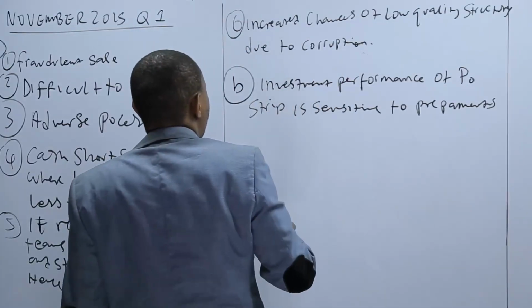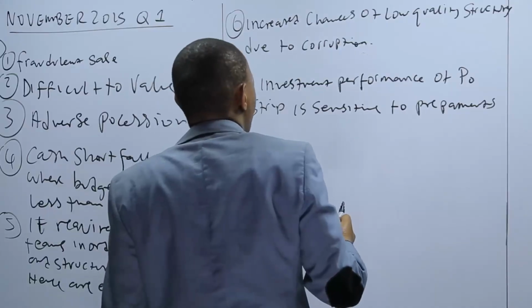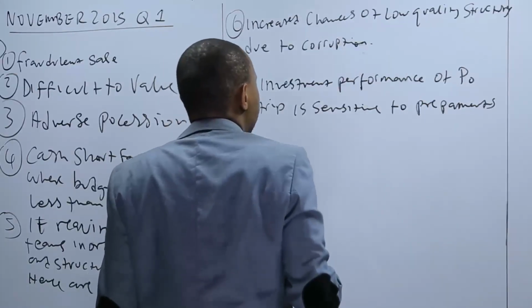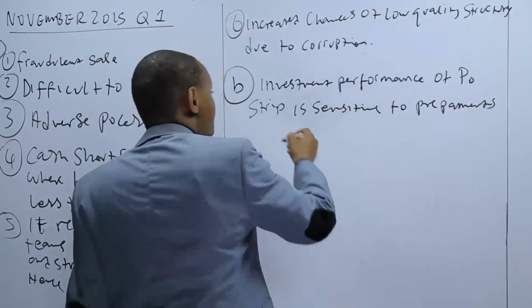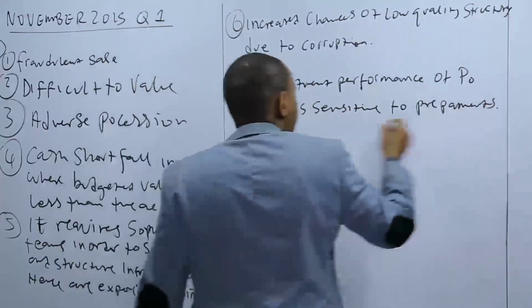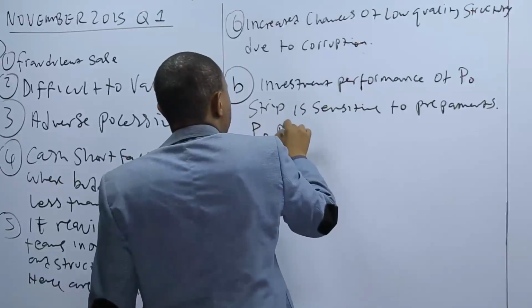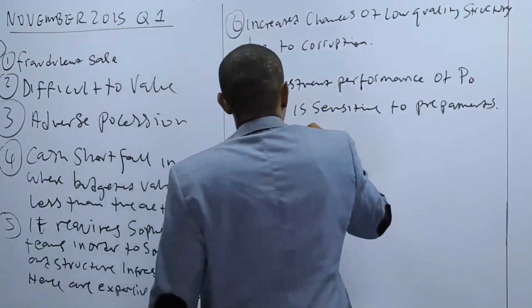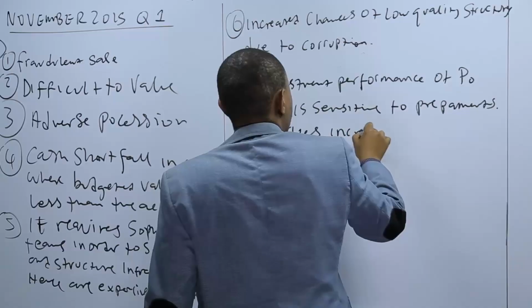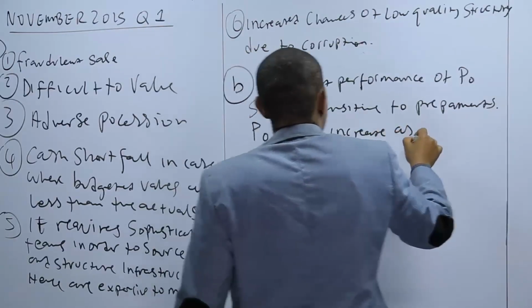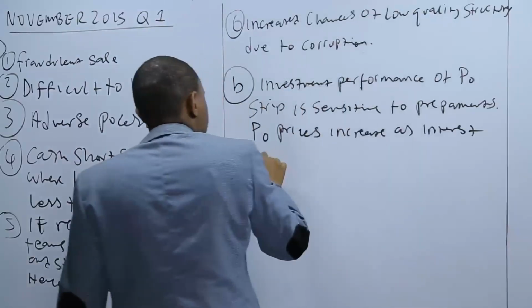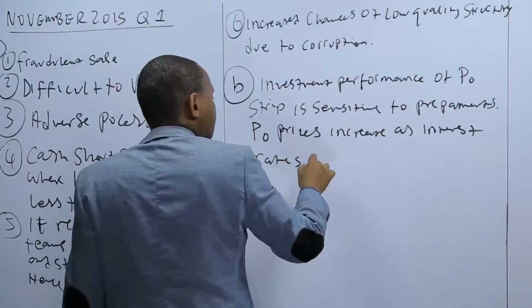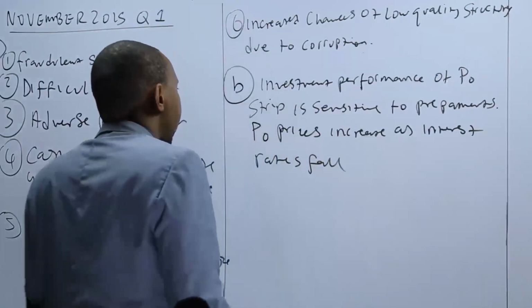The PO or principal only strip is sensitive to prepayments, and we are saying that PO or principal only prices increase as interest rates fall. There, that's the first.